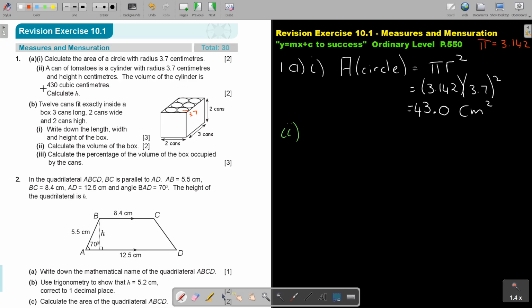The volume of the cylinder is 430. Let's calculate h. It's a bit more difficult, but it's just algebra. Because the volume of a cylinder, and what did I say? This is a prism. It's area of base times height.